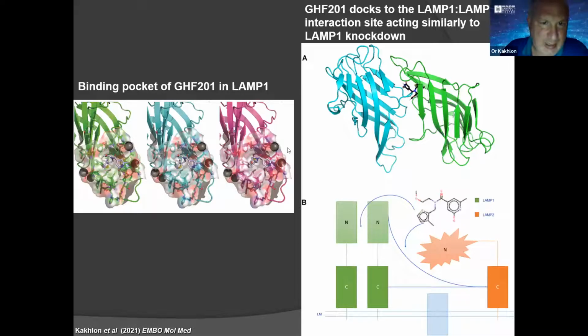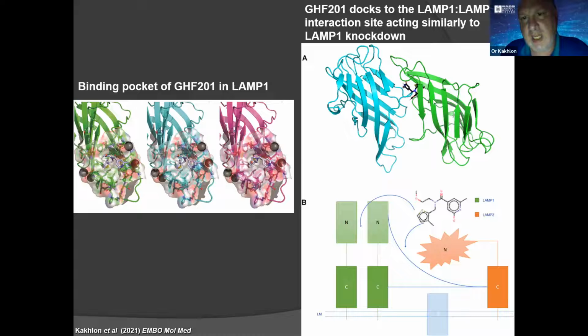So this structural data actually shows you the binding pocket. This is GHF201 here, and this is the binding pocket. The balls here are the sugar moieties, and this is the binding pocket of GHF201 in LAMP1 on the luminal side.